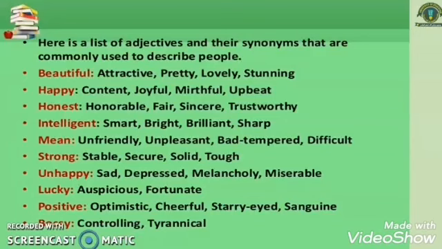Same like that, the next one, happy. In happy or happiness, we can also use joyful, content, mirthful or upbeat. Honest, same like that.